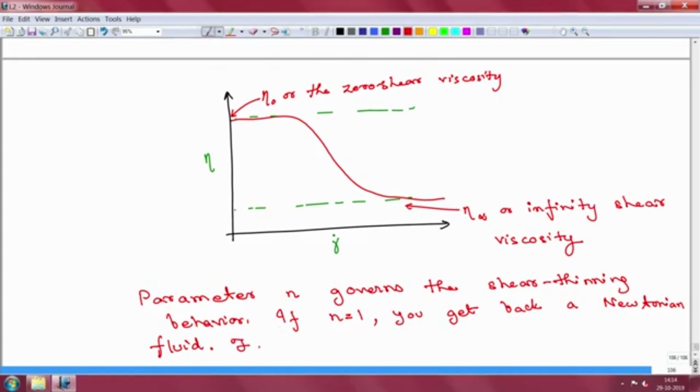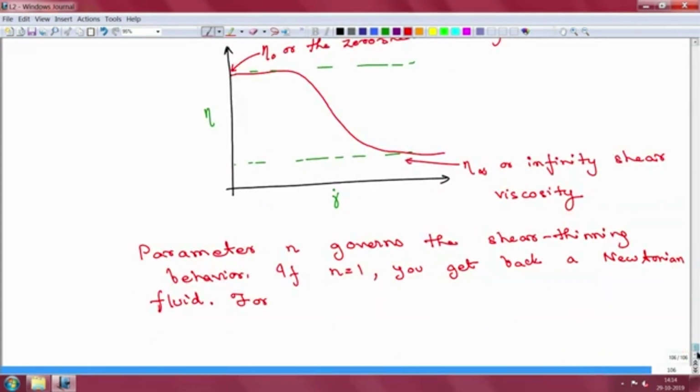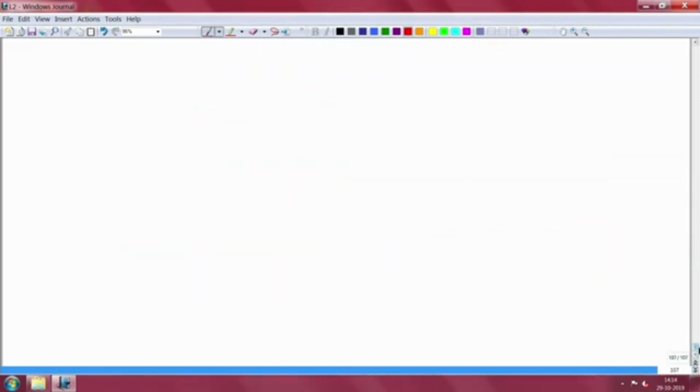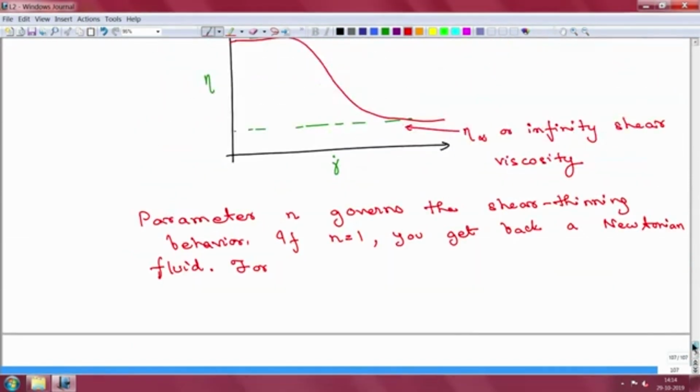So, for shear thinning fluids, your n lies between 0 and 1, right.